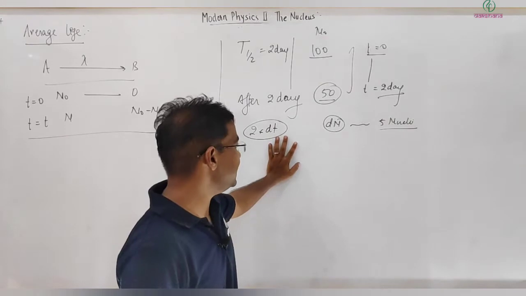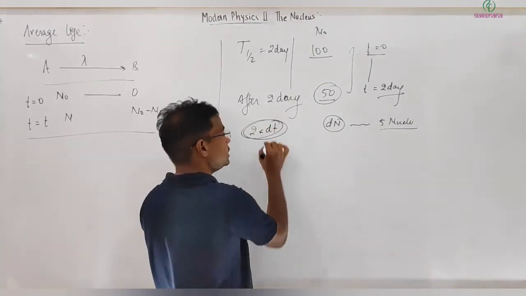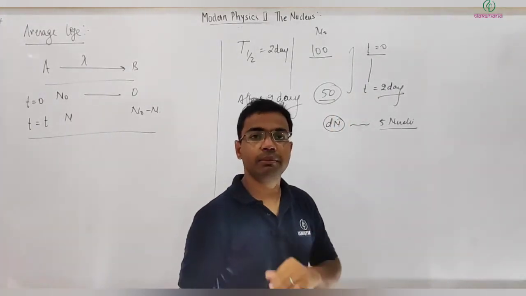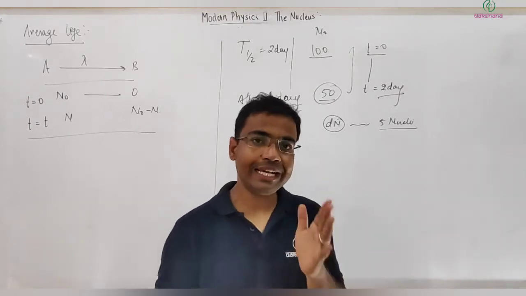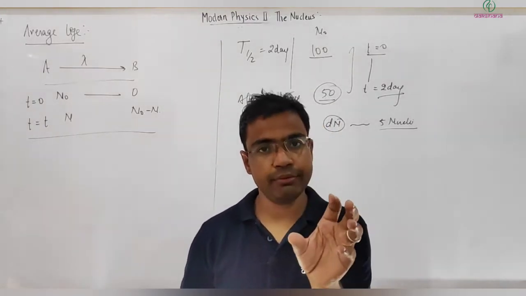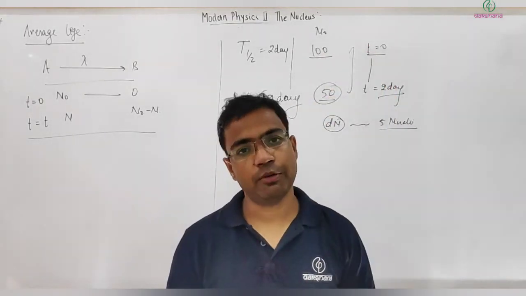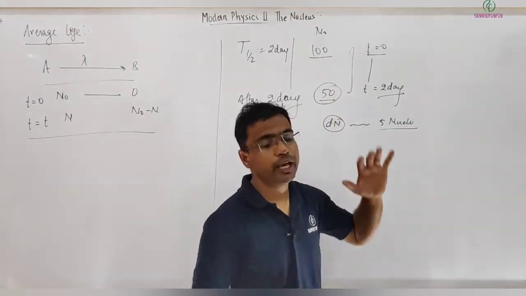Exactly, now if I multiply this dn with this duration, I get the total time for which these nuclei have survived. If I multiply the life by the number of nuclei decaying and add it up for all nuclei, I get the total duration for which all 100 nuclei have survived.